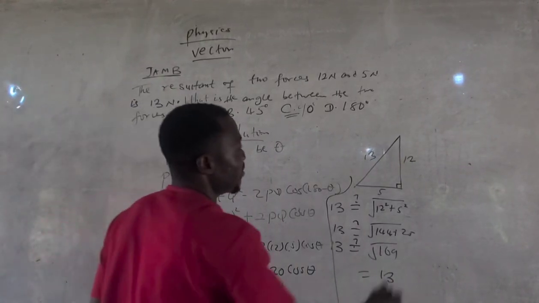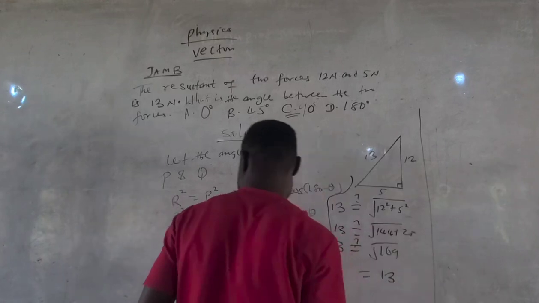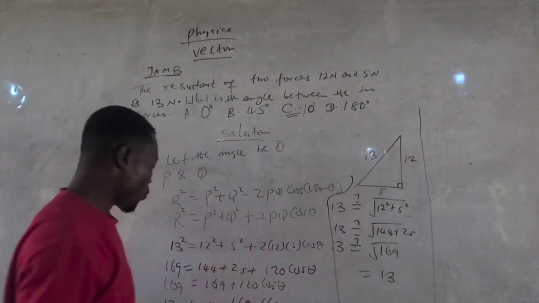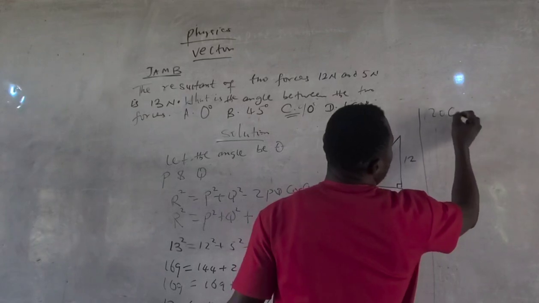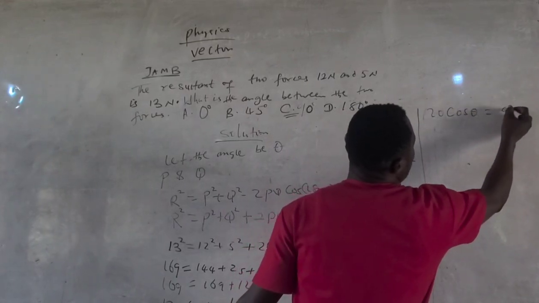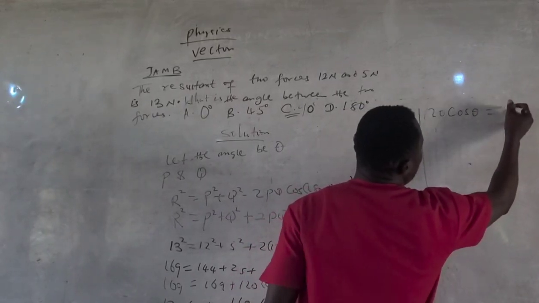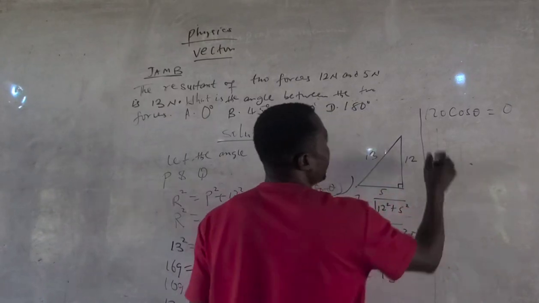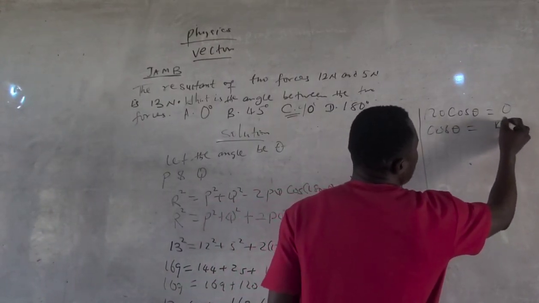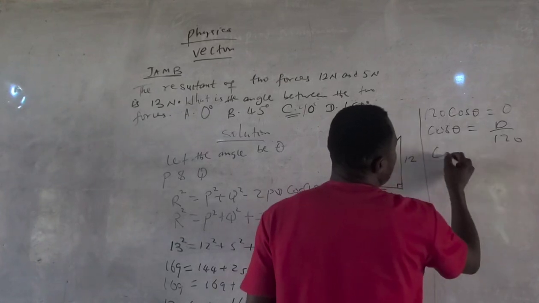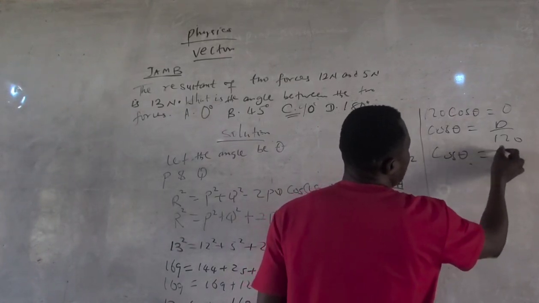So 120 cos theta equals 0, so cos theta equals 0 over 120, which is 0.